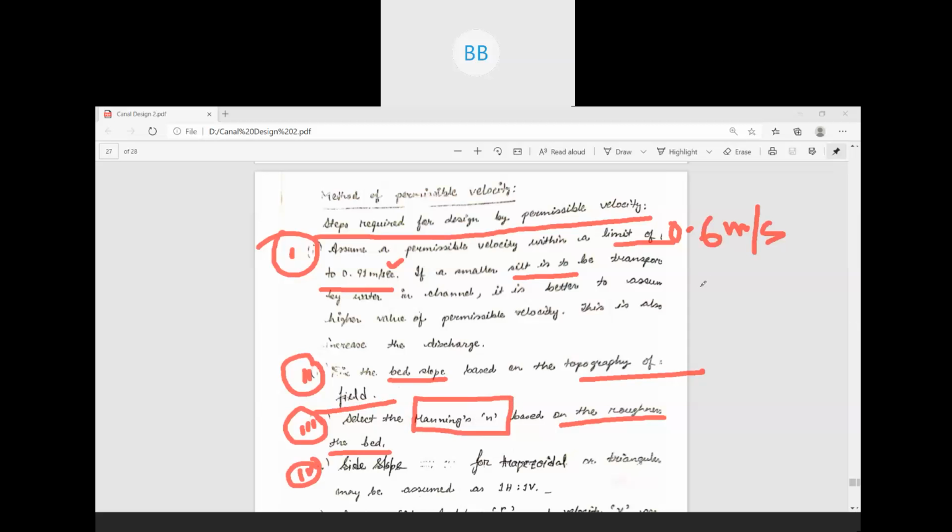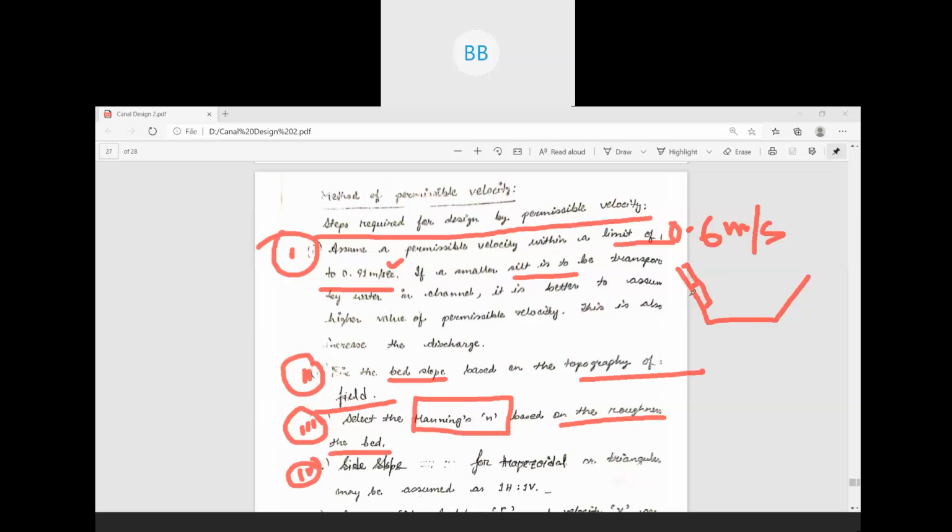Or if you are, this n also depends on what kind of material you have used to line that particular canal. Suppose this is your trapezoidal canal, and to line it you have used brick wall, then your n value will be different. If you use concrete or mortar, then your roughness coefficient will be different.